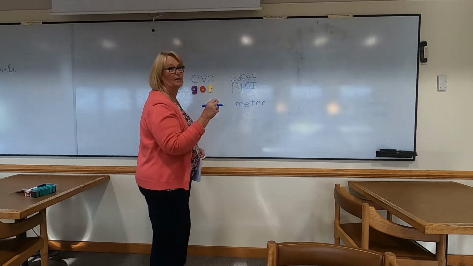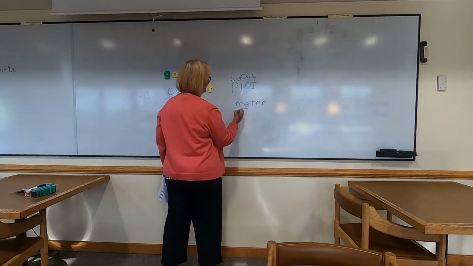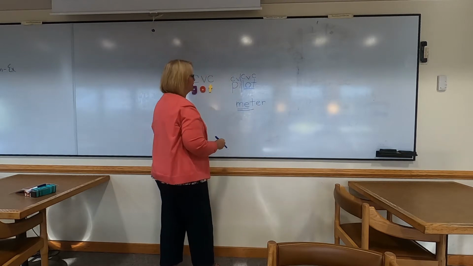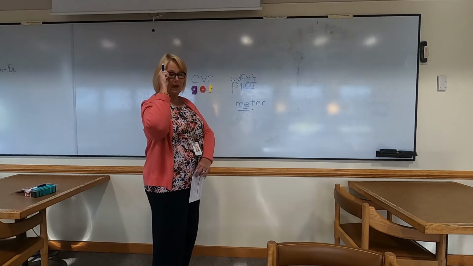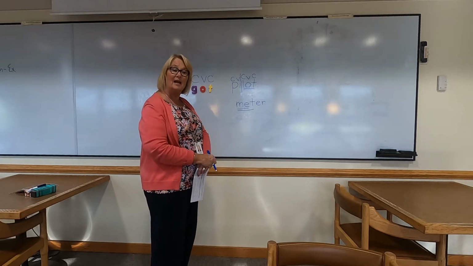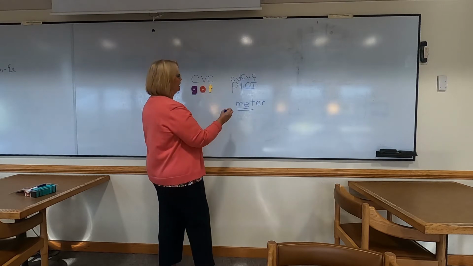I see two words that I know in this one. I see this word, but I also see this word. I know what that word is too. And sometimes, boys and girls, we need to kind of play around when we divide it to see what makes sense. So let's say I divide my word right here.